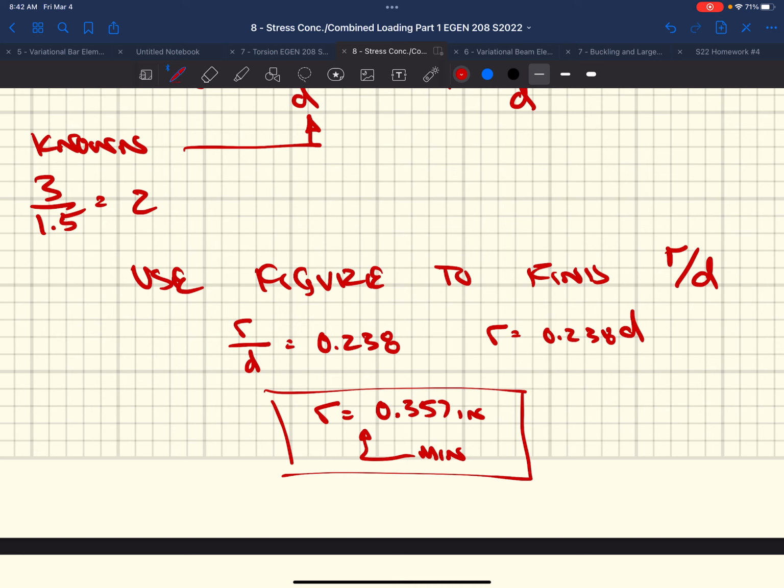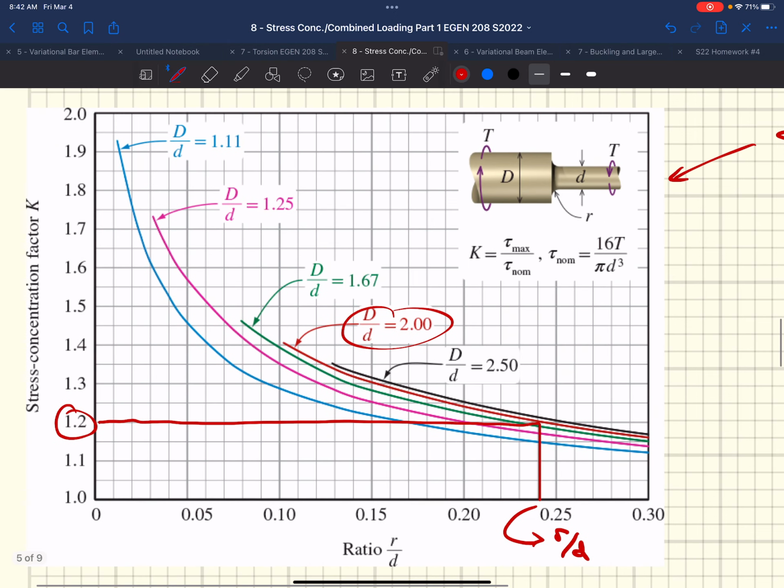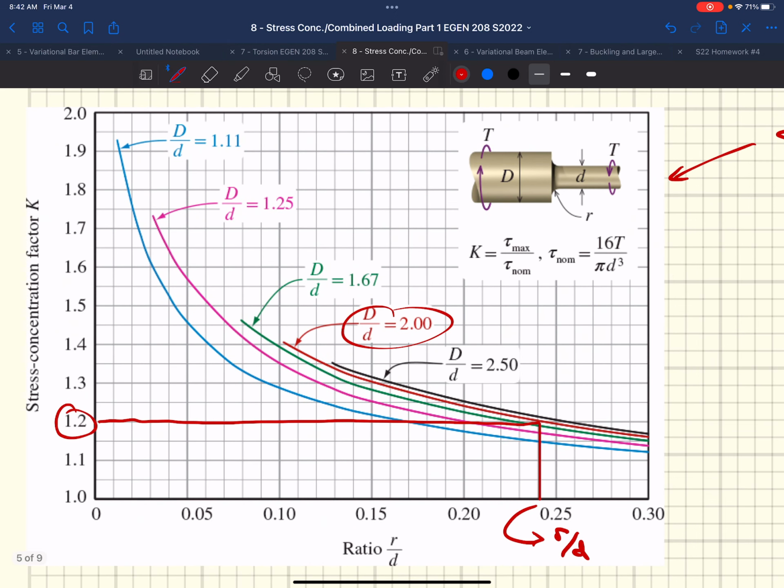A little less than 3/8 of an inch, right? And that'd be a minimum radius. Anything more than that, and our R over d ratio gets larger. If our R over d ratio gets larger, we go further and further down this curve, which further reduces our stress concentration factor, which would mean that we're going to stay below that 8,000 psi stress level.